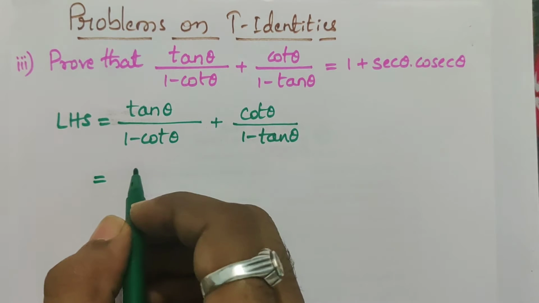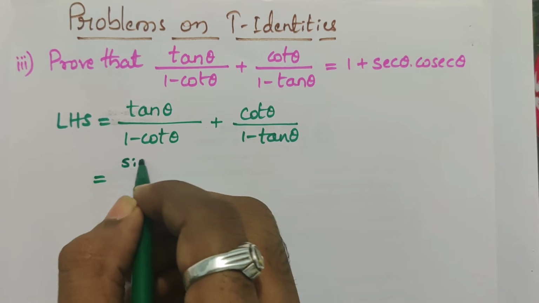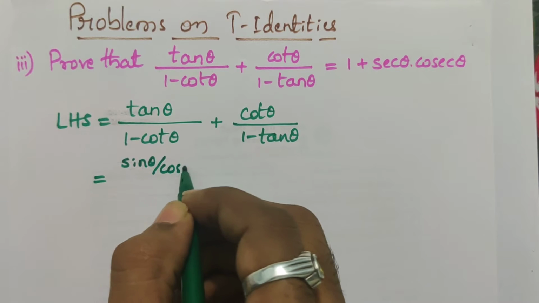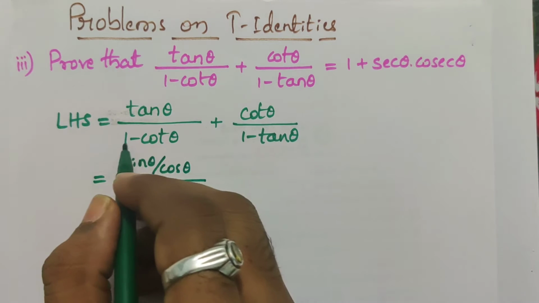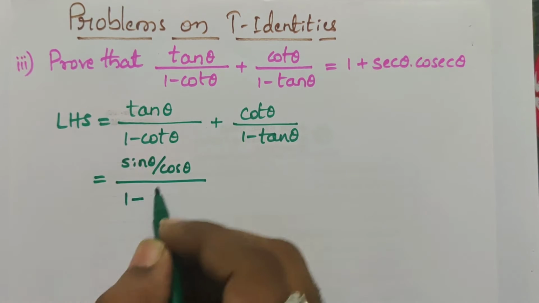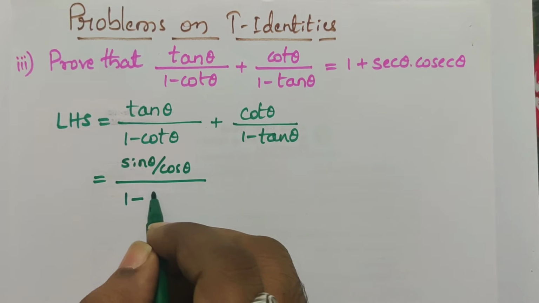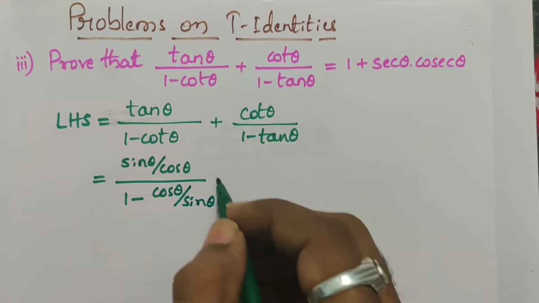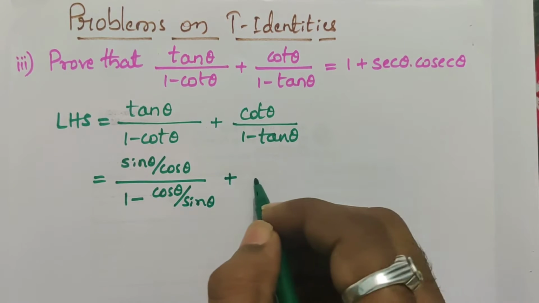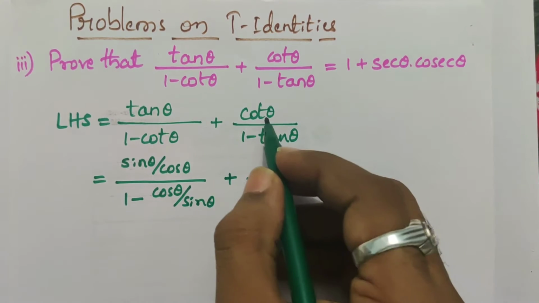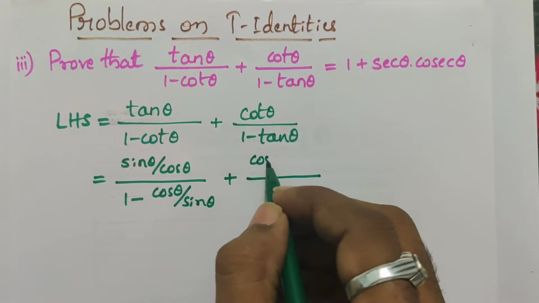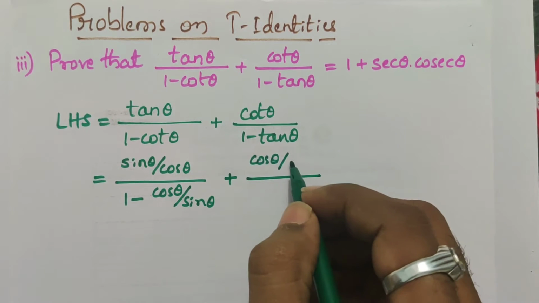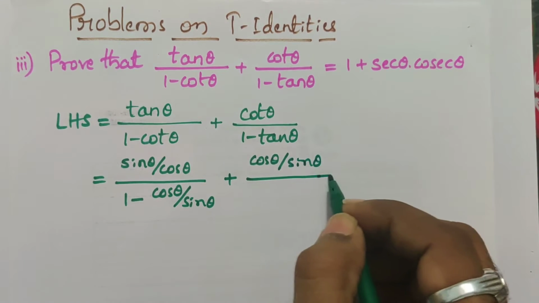In place of tan, I will write sine theta by cos theta divided by 1 minus, in place of cot, it should be cos theta by sine theta, and then plus as it is the next fraction. Cot means cos theta by sine theta.